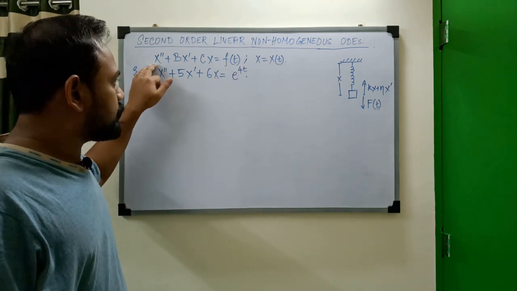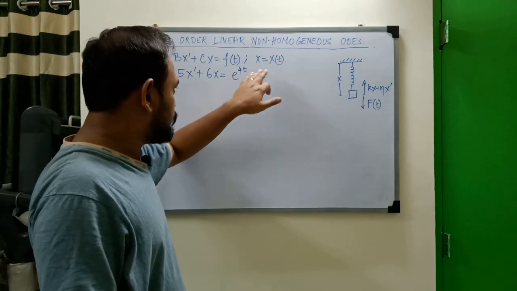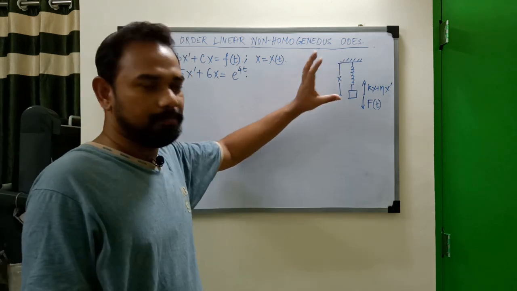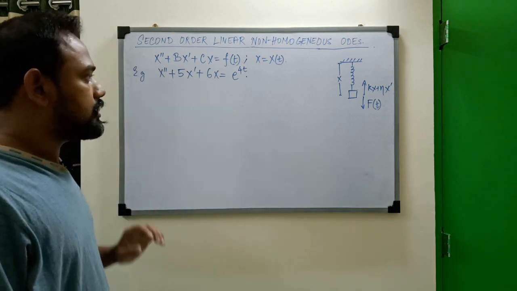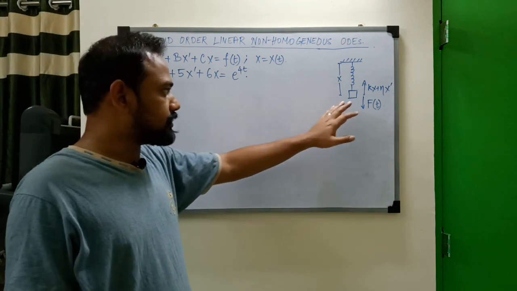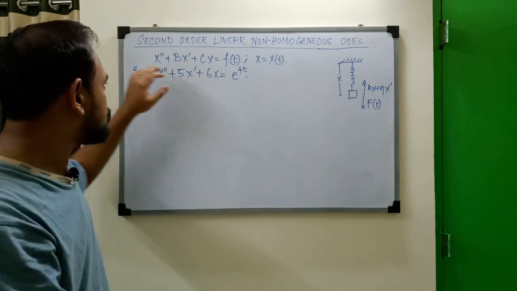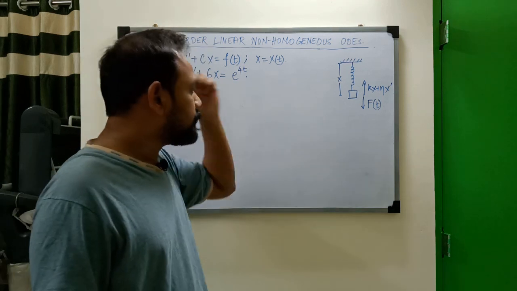So if we go back to the model on which this differential equation was studied, this was the physical diagram, or one of the examples from which a differential equation of this kind arises. As I said many times before, there are various other examples which give rise to differential equations of this kind.